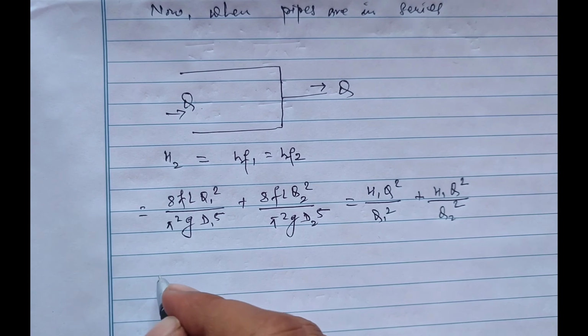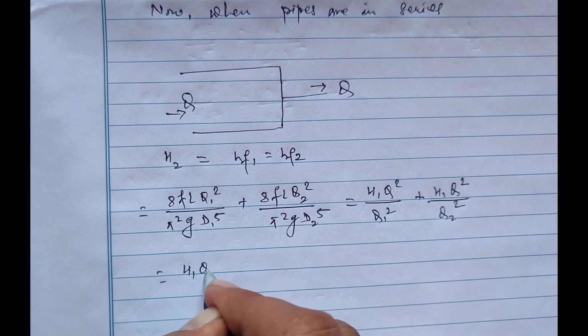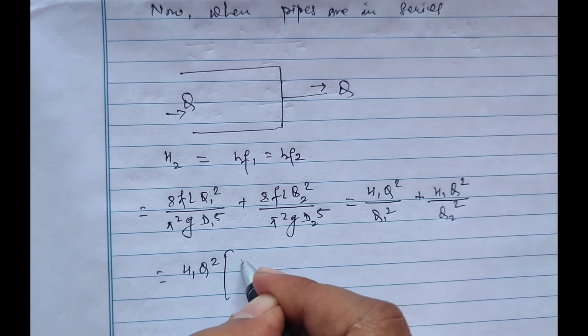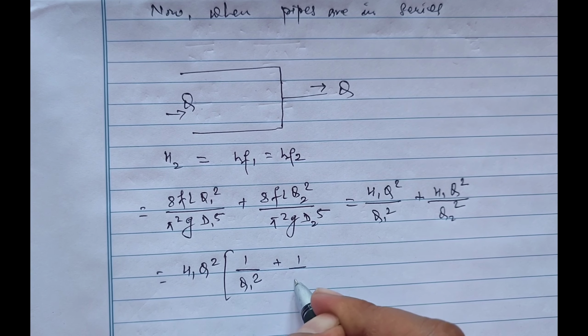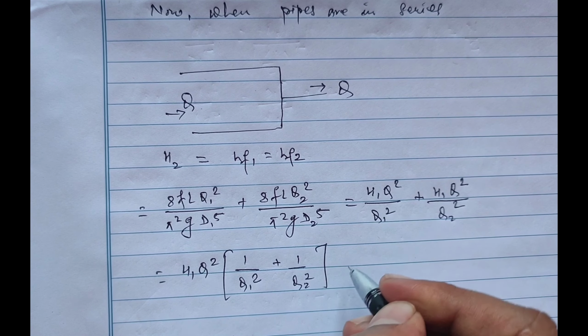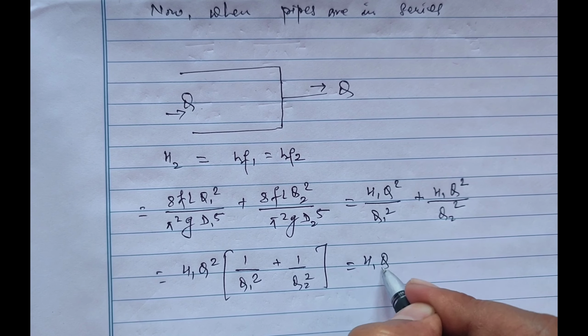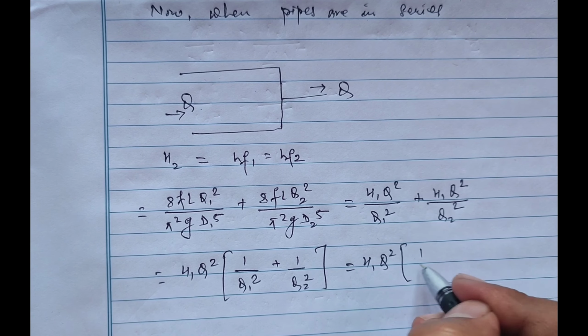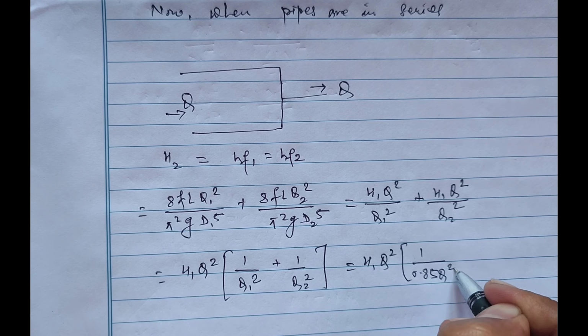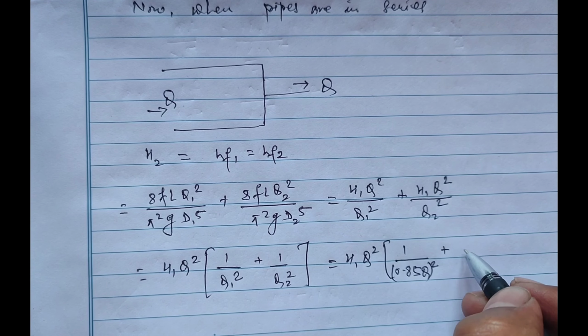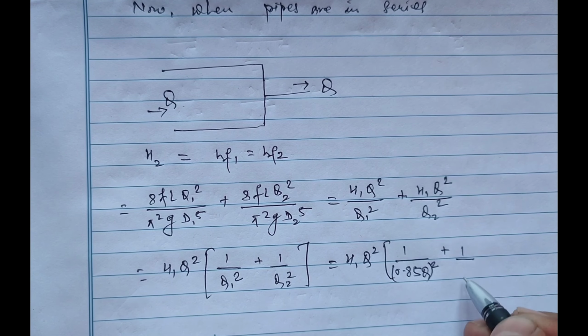On solving this, we get H1 as common times of 1 by Q1 square plus 1 by Q2 square, equals H1 times 1 by (0.85 Q) whole square plus 1 by (0.15 Q) whole square.